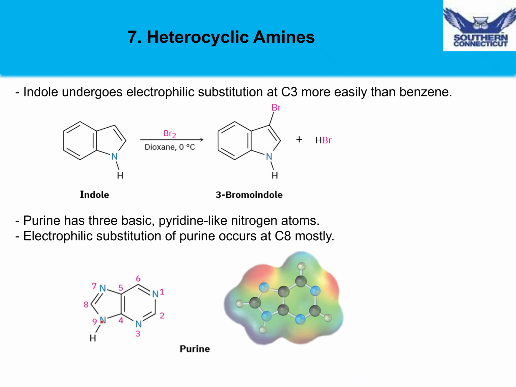And so that nitrogen lone pair is usually not very basic. Electrophilic aromatic substitution reactions with purine typically occur at carbon 8 of the ring.